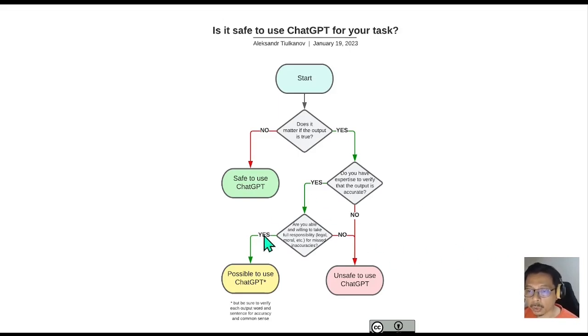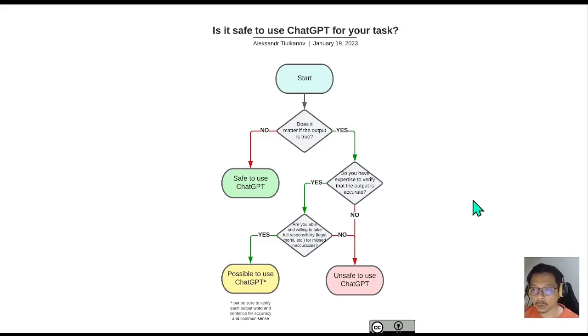And number two, whatever you are producing with AI, you have to be fully responsible for what is generated and what is published. You cannot list ChatGPT as one of the authors of your paper because, well, it cannot answer your questions.